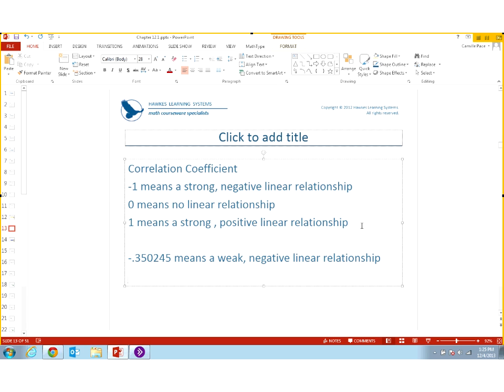And anything between, I would say, -0.5 to -0.300 would be a weak negative relationship.